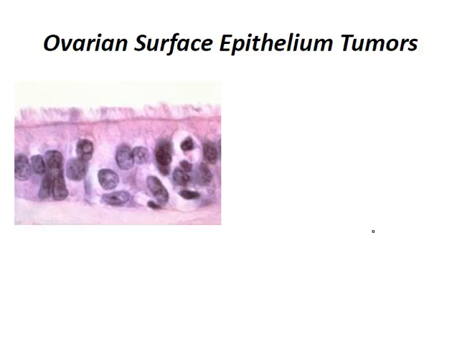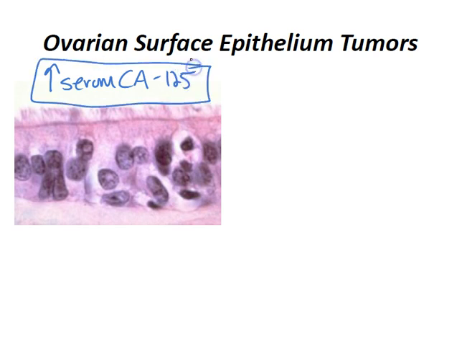And the malignant types seed the peritoneal cavity. The tumor marker for this is an increased serum CA-125. That's the increased serum marker for it.